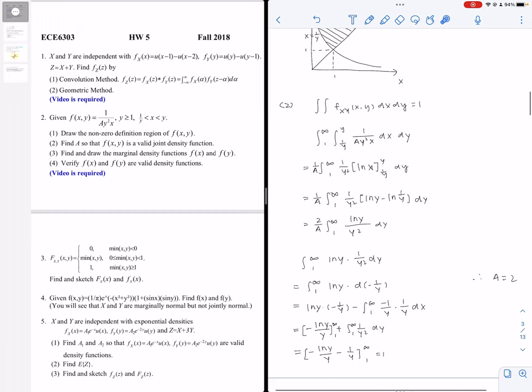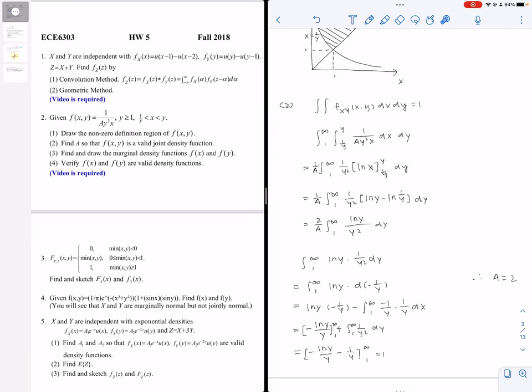And it's pretty simple. We just need to fill in the limit here, and that is according to the limit that is given here on the left, the defined region. Otherwise, f of x and y would be 0, would be undefined.